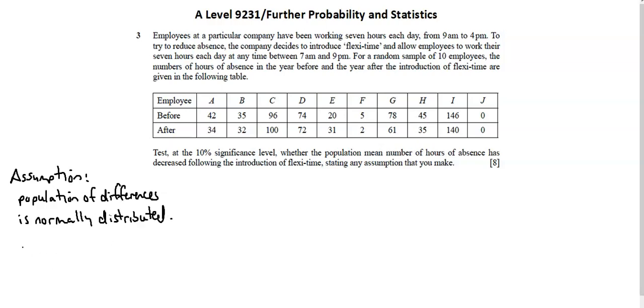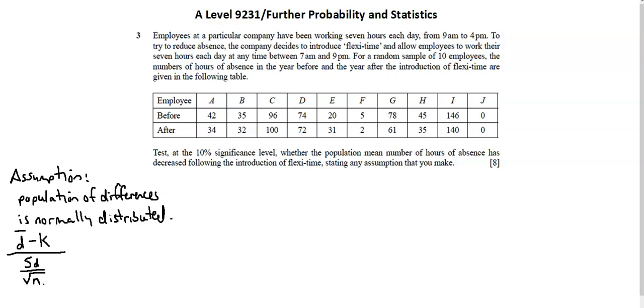The test statistic that we'll be working with is the mean difference minus k, which I'll discuss, over the standard deviation of the differences divided by the square root of the sample size.